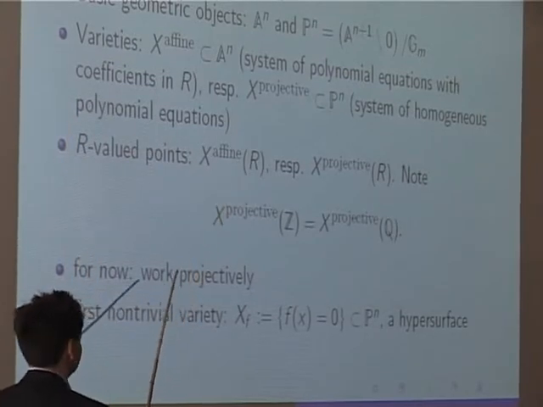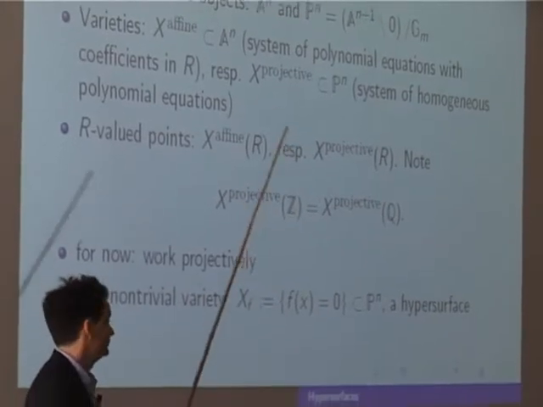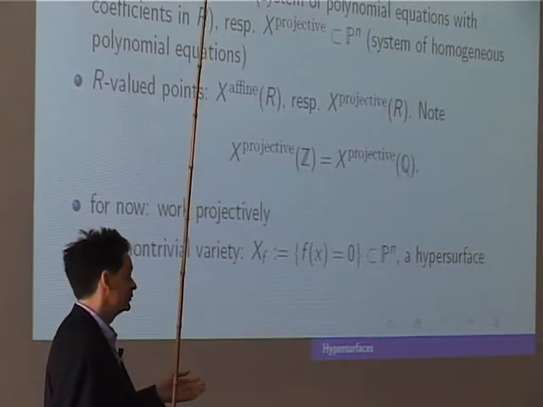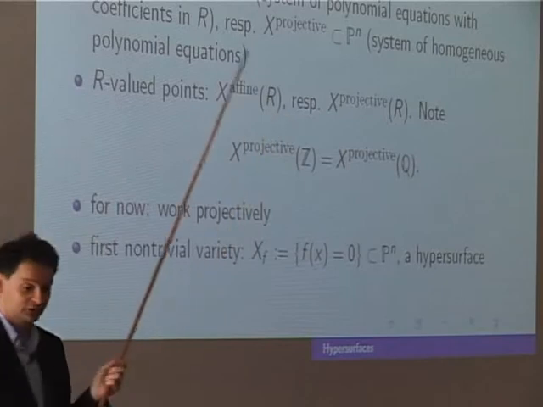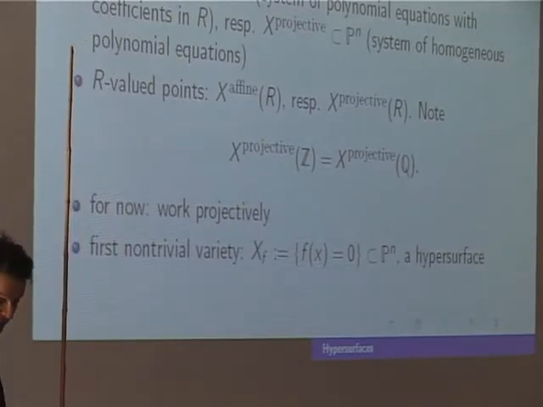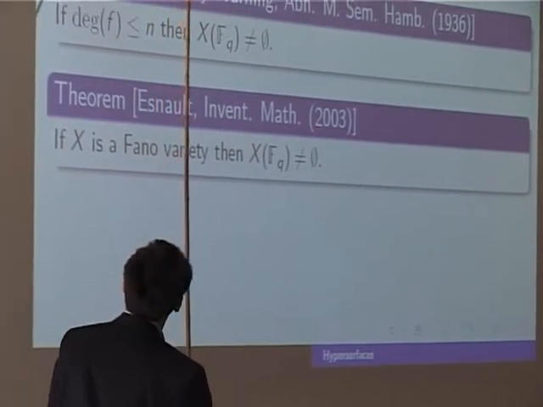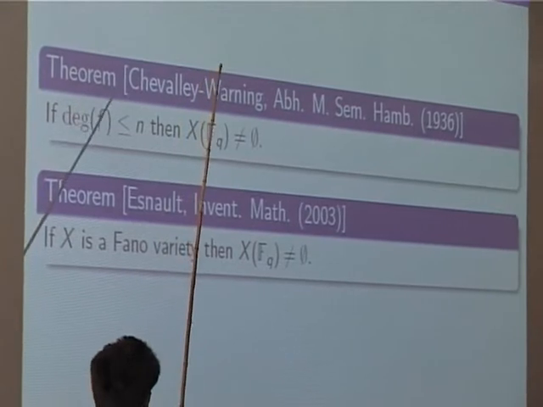So from now on, we will work projectively. And hypersurfaces are the first non-trivial varieties. You pick one equation and you look at what happens. So a hypersurface in P^n is given by a homogeneous equation with coefficients in some ring. As I said, the basic rings are F_q, Q, and finite fields.